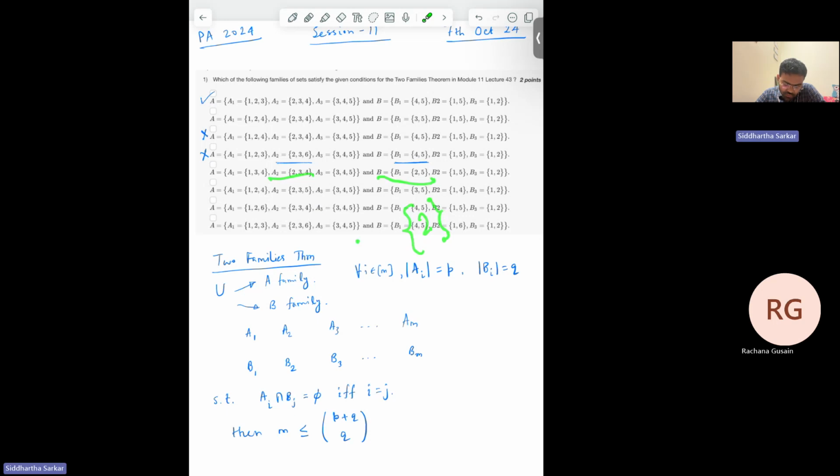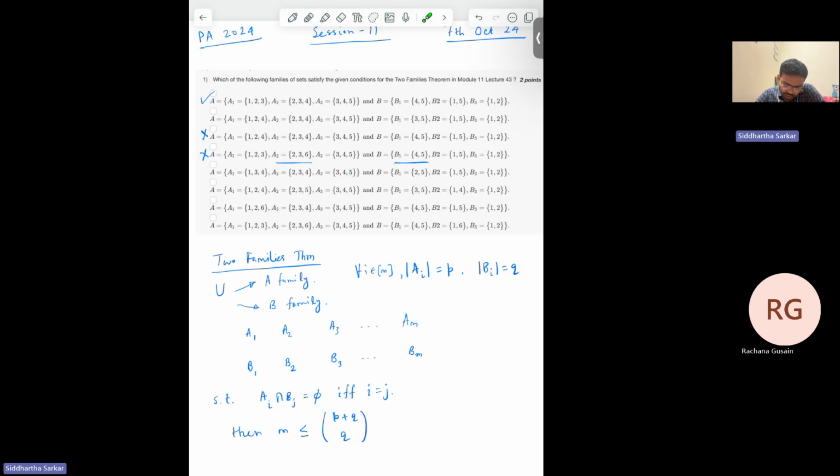So it's non-empty. This is as per the condition. Now let's look at A2 and B3. 2 is common. So the condition is satisfied. Now let's look at A3 and B3. Nothing is common. So that is as per the requirement of the conditions.